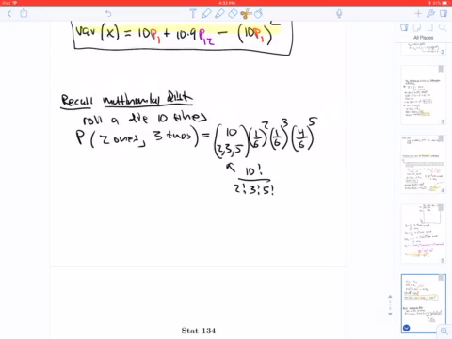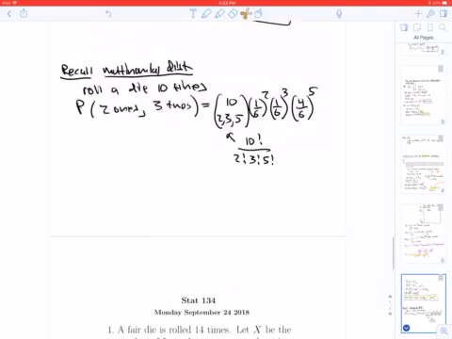So we get 10 choose 2, 3, 5 times the probability of getting 2 1s times the probability of getting 3 2s times the probability of getting 5 others. So that's 1/6 squared, 1/6 cubed, 4/6 to the 5th.